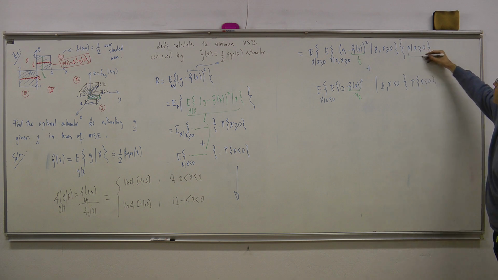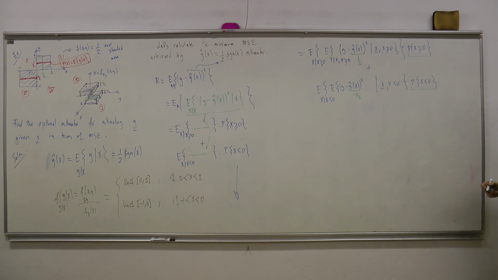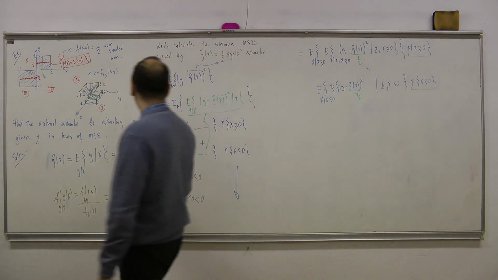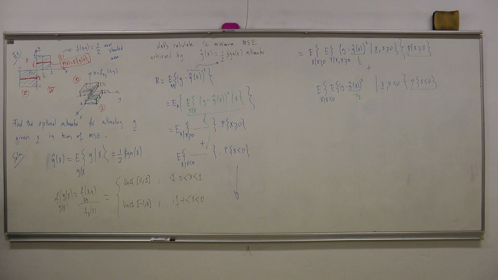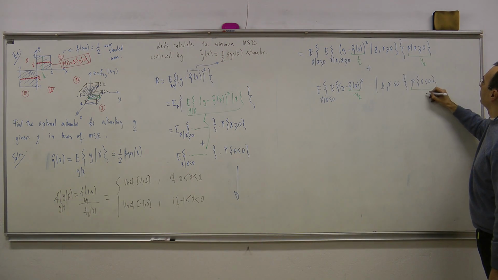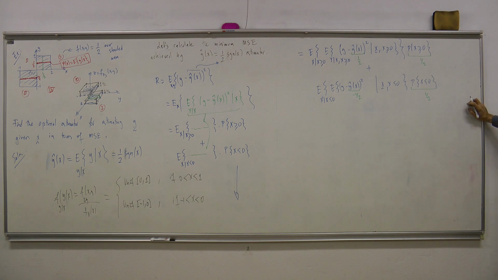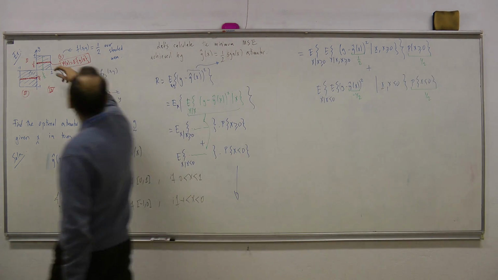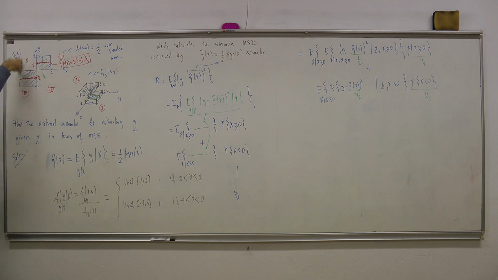So how about this probability of x greater than 0? Probability of x less than 0. How can I calculate the probability of x greater than 0 or less than 0? Well, if you calculate the marginal distribution of x, if you integrate over y's, you get a uniform distribution between -1 and 1.